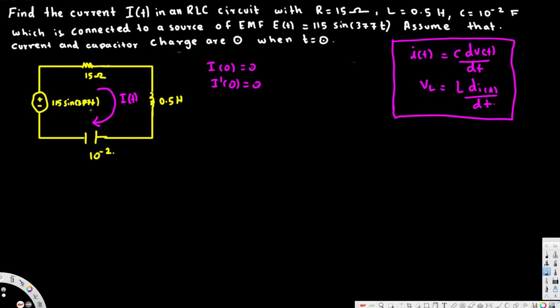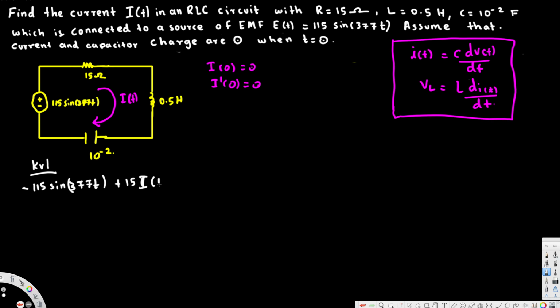In order to do that, first we are going to apply Kirchhoff's voltage law. That's the way we can derive an equation, right? Since the current is going from negative to positive, this voltage source is going to be negative in our equation. That's going to be negative 115 sine 377t, and after that this current is going through this resistance, so this is going to be plus 15 I of t.